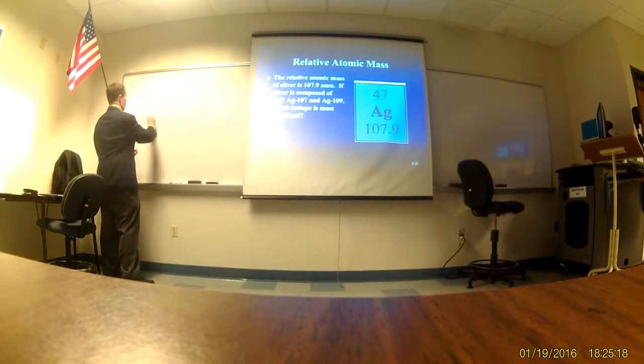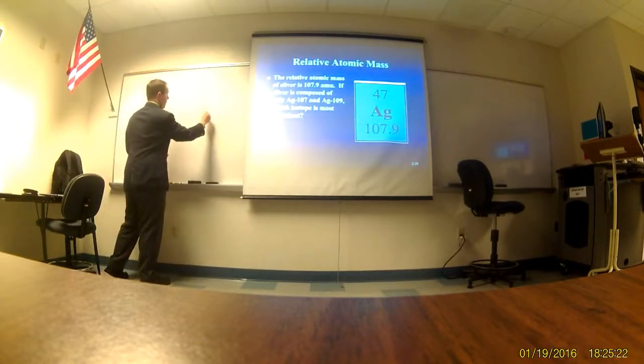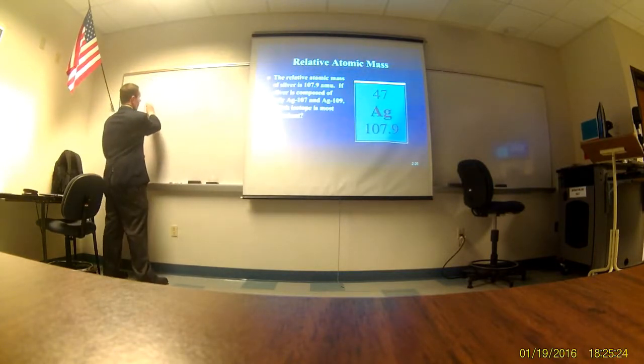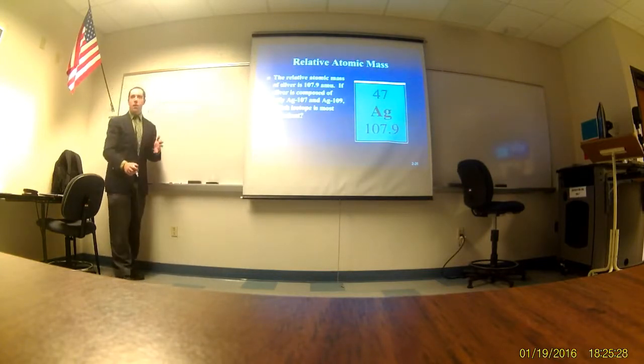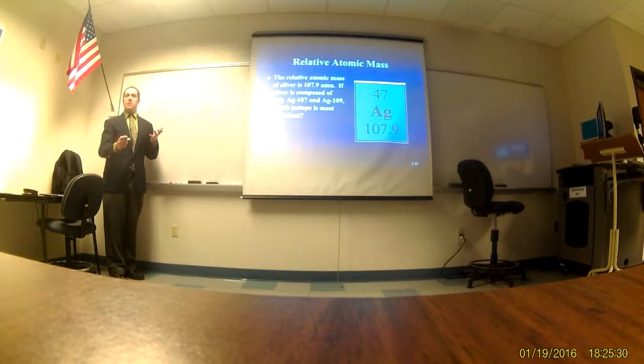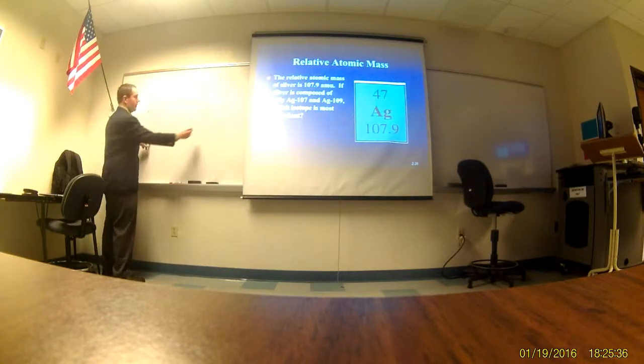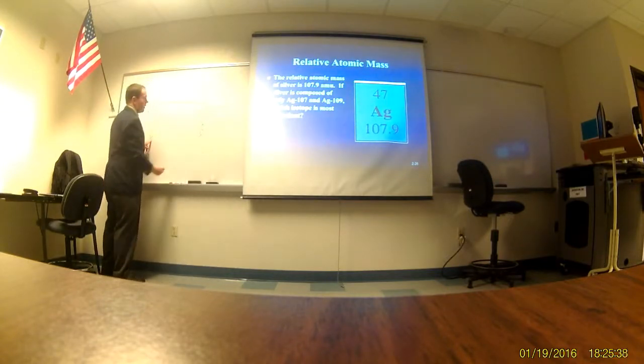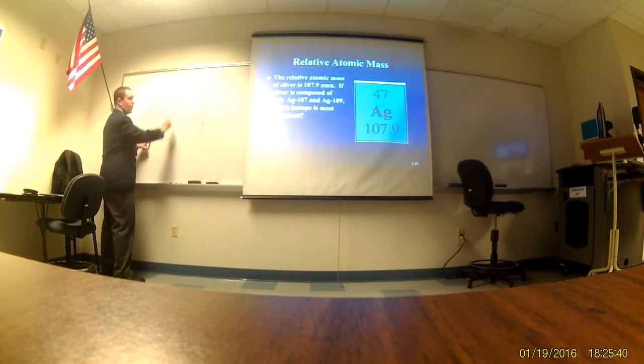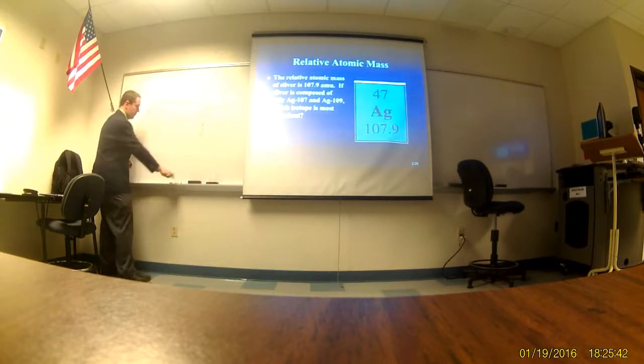So imagine a number line. You have 107 and 109. We have this line across, and somewhere on this line, we're going to put a mark where the average is. If we have 3 107s and 3 109s, the average is going to be right in the middle.